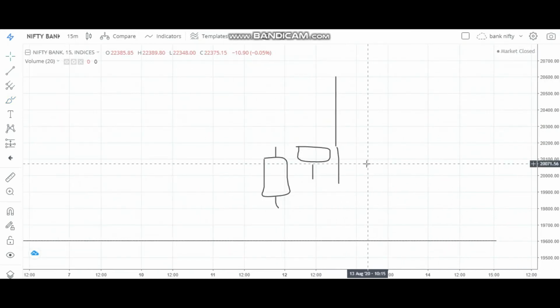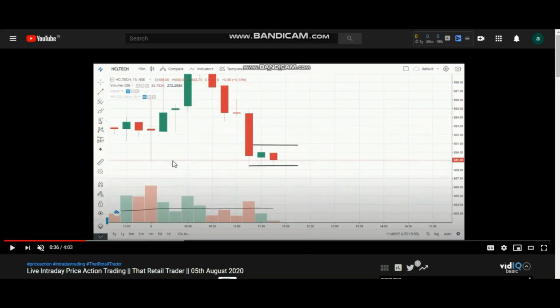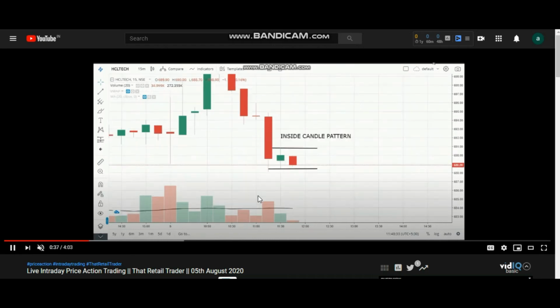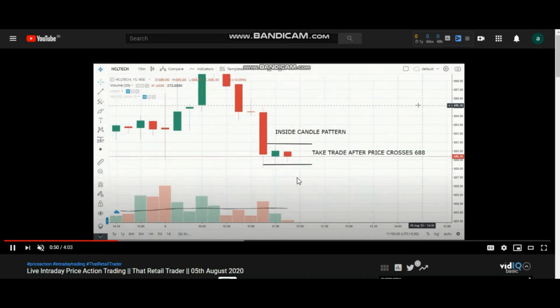So let us go to the live video and understand. This is my second video of inside candle, and we can see here a big red candle, after that two small doji, one inside candle, and this candle will break both of these candles' low.